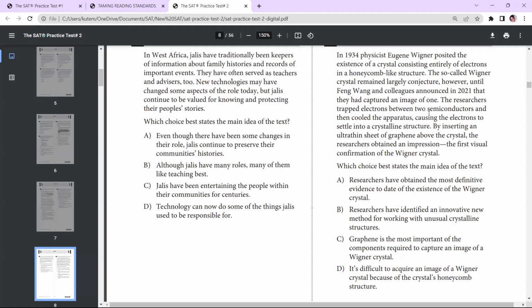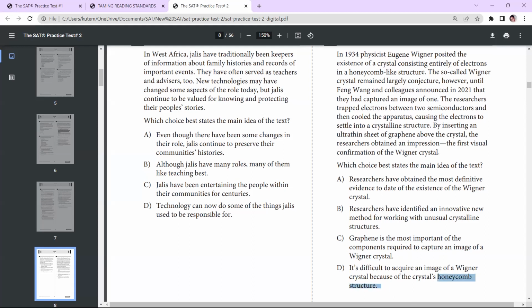The researchers trapped electrons between two semiconductors, causing electrons to settle into an ultra-thin sheet of graphene. So this little detail, remember how we said just one word is enough to make an answer wrong. So we have the honeycomb aspect of it, entirely of electrons in a honeycomb structure. Yeah.